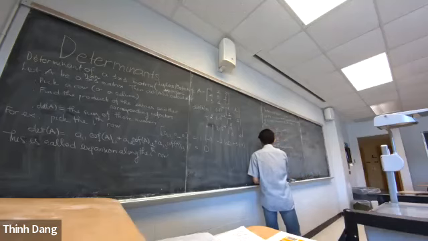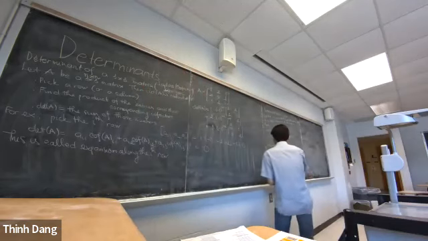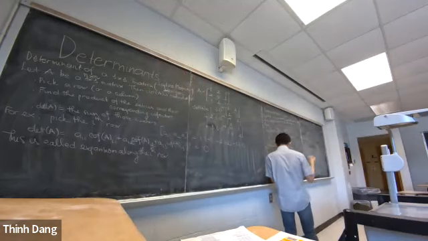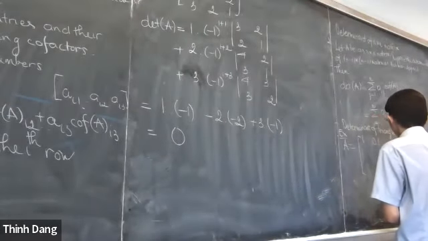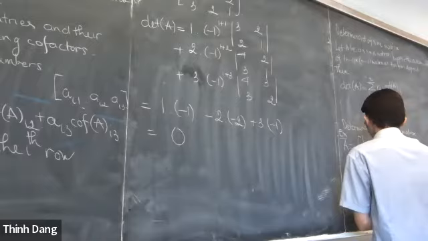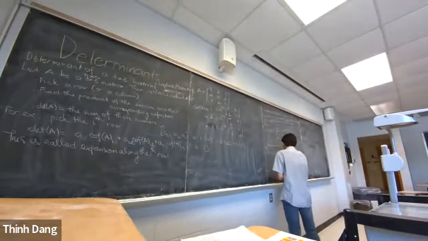Suppose here I am having a 3 by 3 matrix A in the form of a triangular matrix where the entries are 1, 0.1, 0.5, 0, 2, 7, and 0, 0.